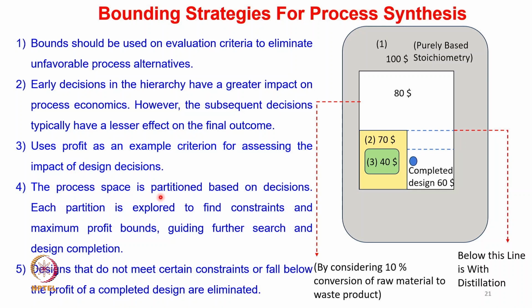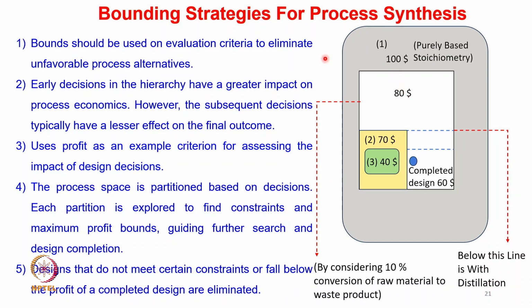The process space is partitioned based on decisions. Each partition is explored to find constraints and maximum profit bounds, guiding further search and the design completion. Designs that do not meet certain constraints or fall below the profit of a completed design are eliminated.